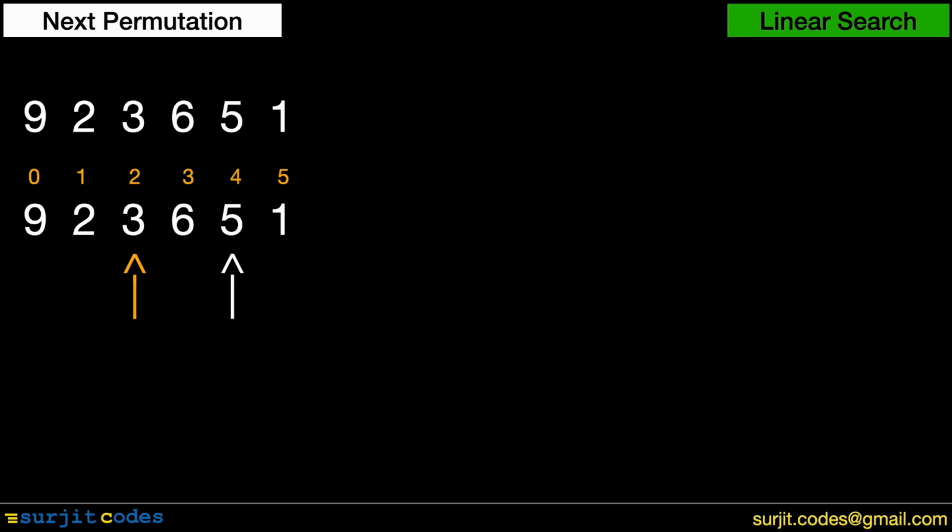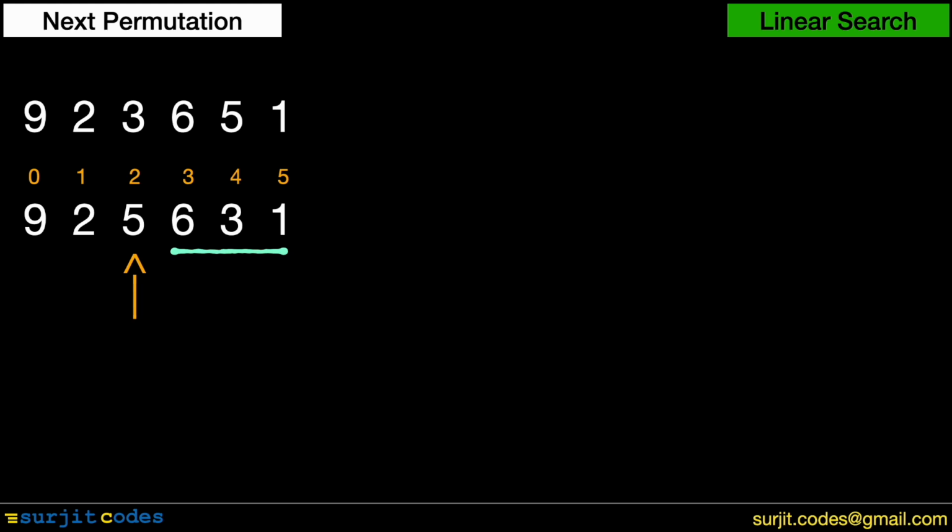Yes, it is greater than 3, so we replace 3 with 5 and get this arrangement. We notice that while 5 has reached its proper position, 631 have not, because it is clear that these 3 numbers remain in the descending order even after the swap of 5 with 3. But for the minimum increase in the final permutation, they need to be in the ascending order.